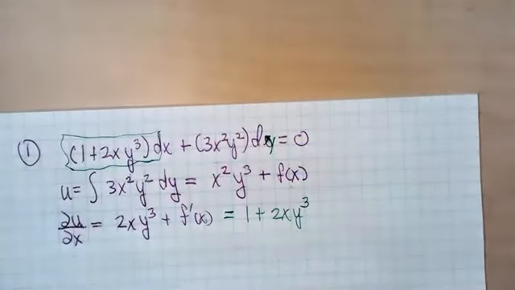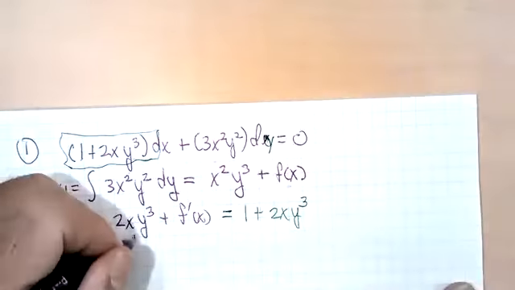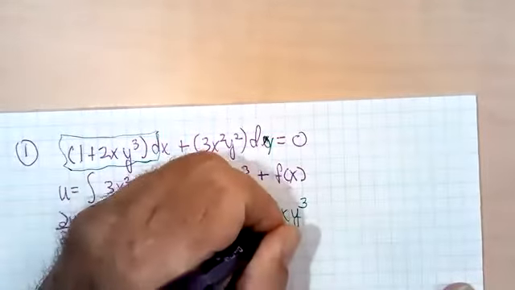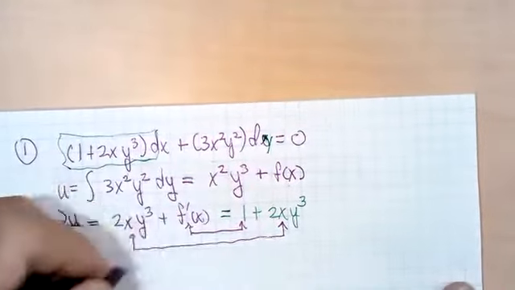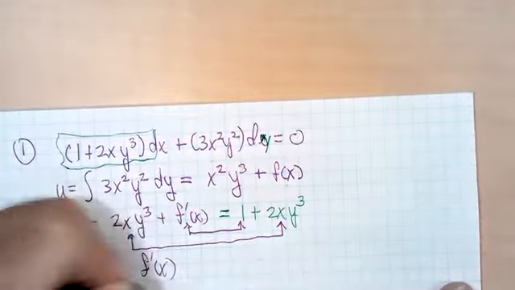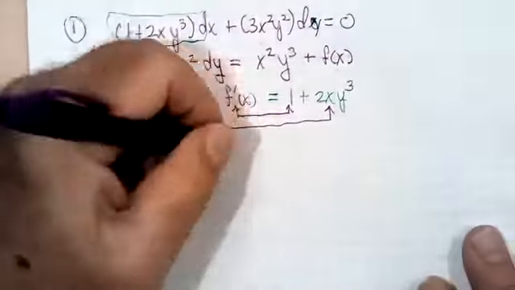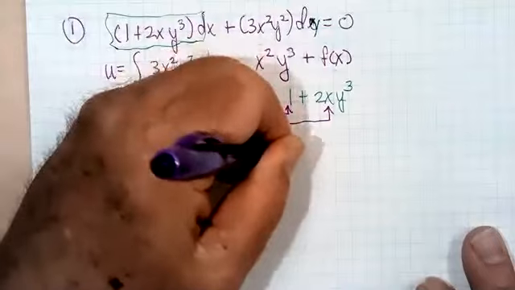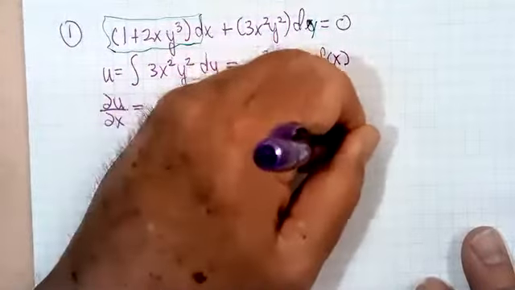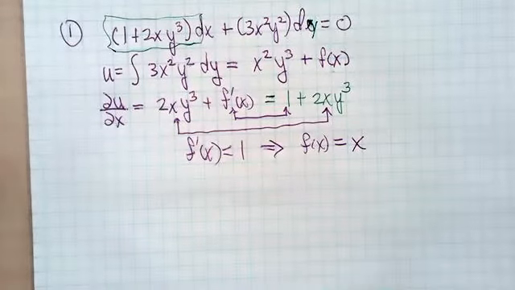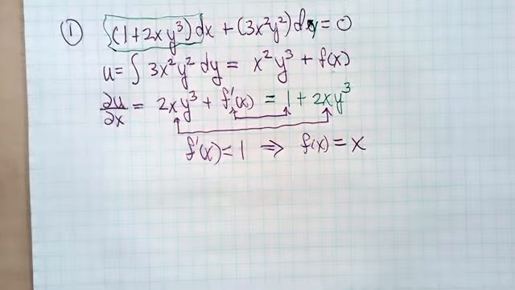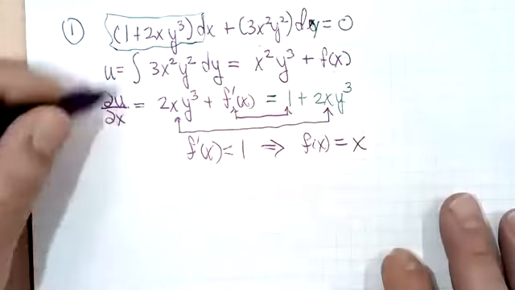And you can see that this term and this term match up. And therefore, f prime at x must be equal to 1, which tells me that f of x must be equal to x plus possibly a constant, but constants don't matter at this particular stage of this particular calculation. In general, they matter, but right now it doesn't.